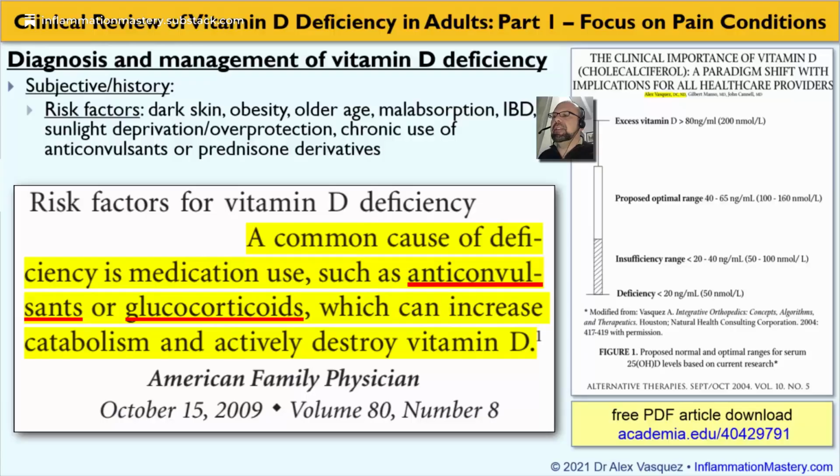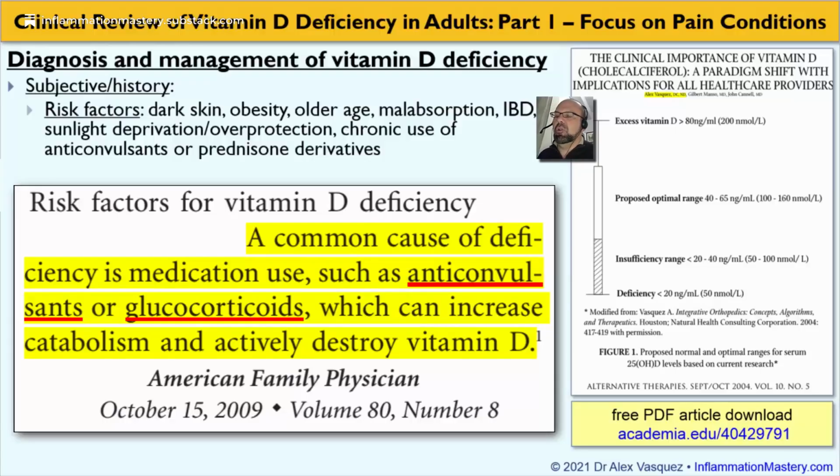So anticonvulsants and prednisone derivatives upregulate the so-called detoxification pathways in the liver, and that actually promotes the excretion of vitamin D and its downstream metabolites. So those drugs directly contribute to vitamin D deficiency.